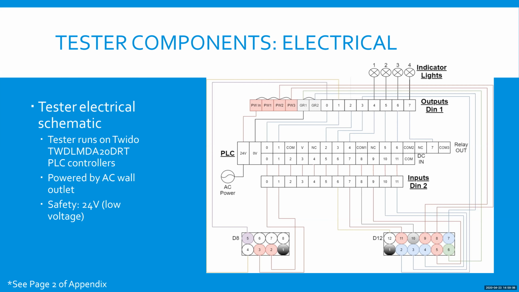How I came up with this electrical schematic: if you look at appendix page 1, there is the dash control's electrical schematic, and what I did was I figured out what is going to be energized after each initial step.